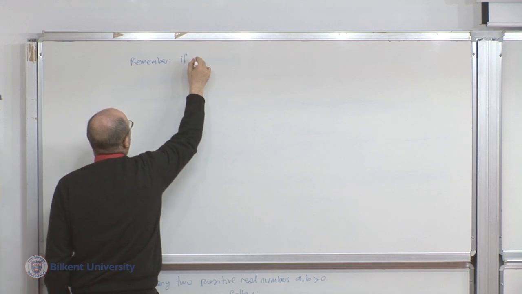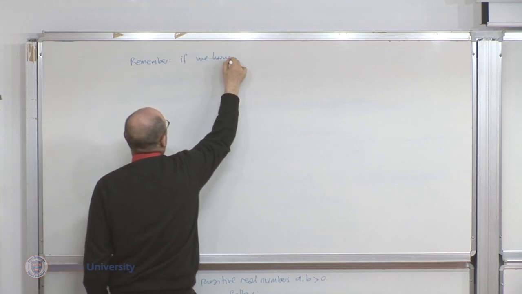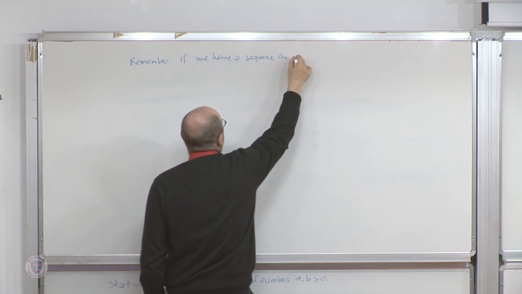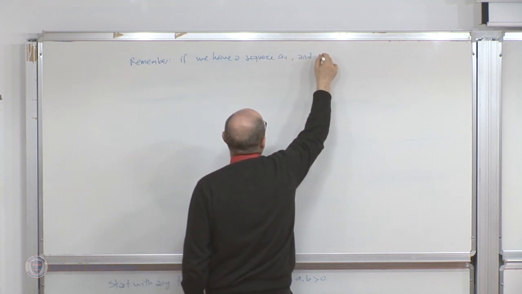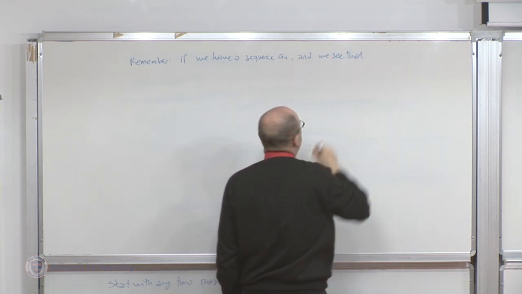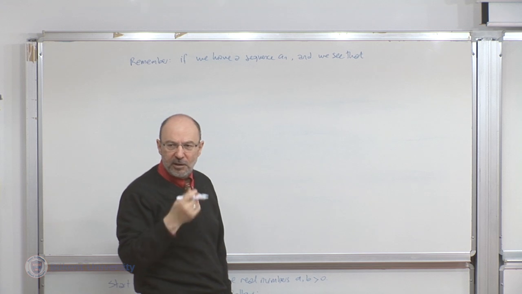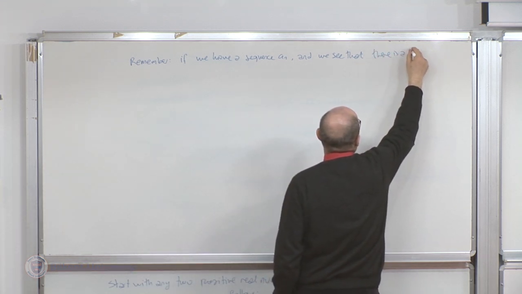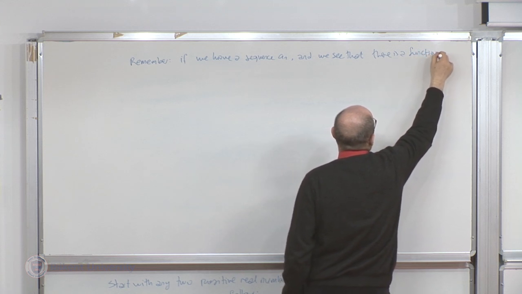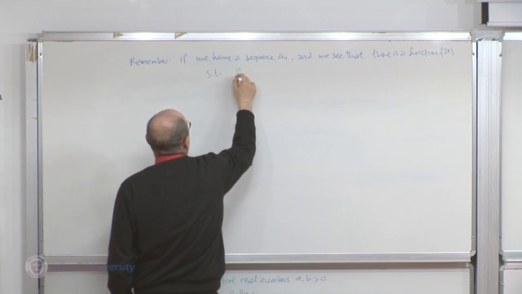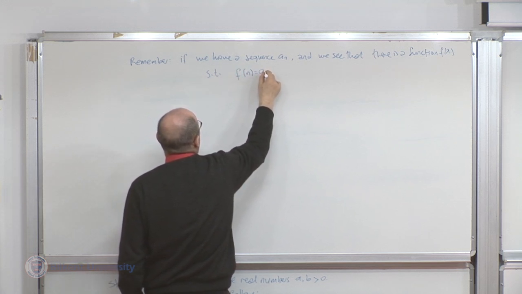If we have a sequence an, and we see that by looking at the formula of this, instead of n, if you put x, you get a nice function f(x) such that f(n) is equal to an.